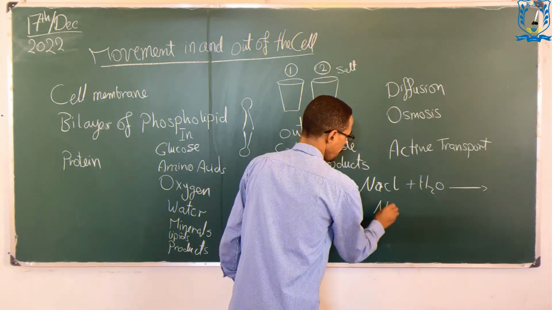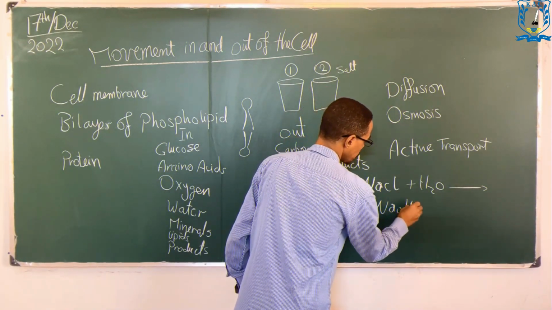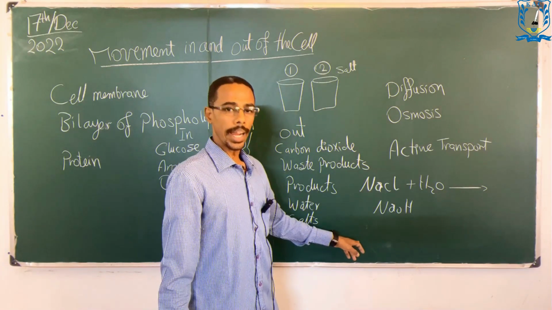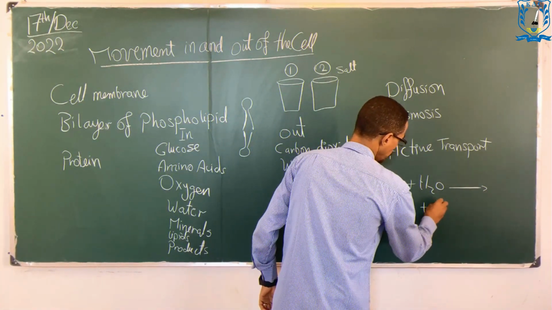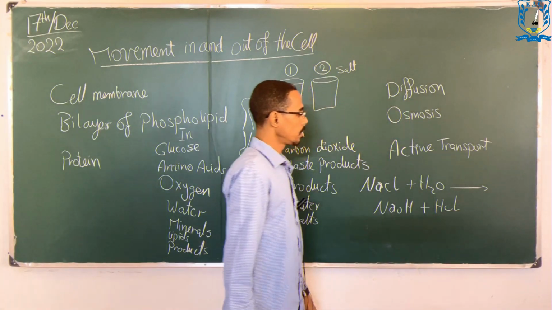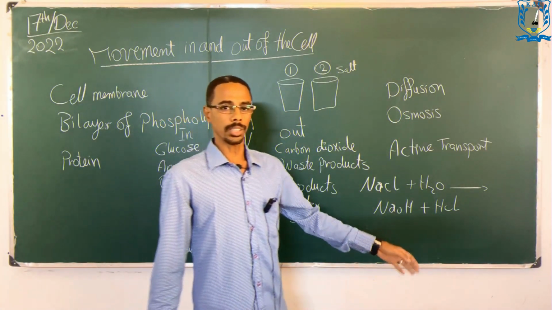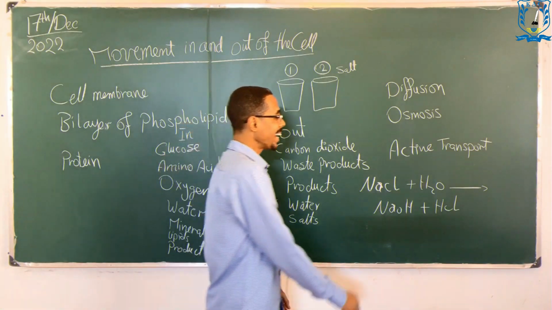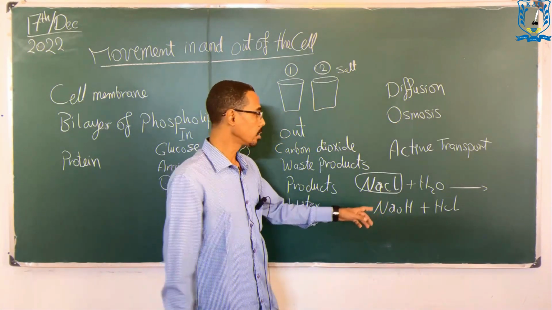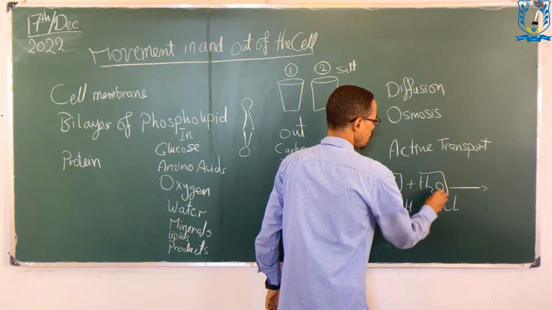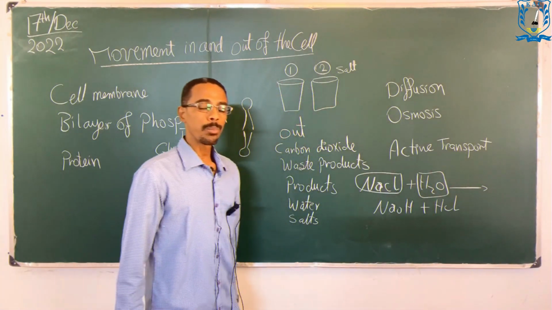We will have NaOH, sodium hydroxide, and HCl, hydrochloric acid. That means against each molecule of sodium chloride, a molecule of water will be broken down.